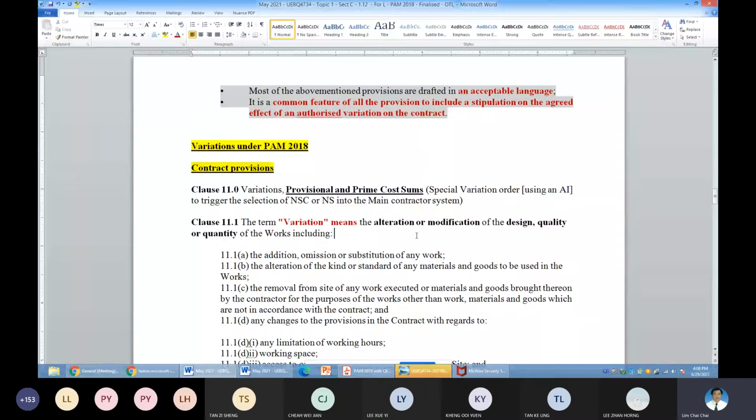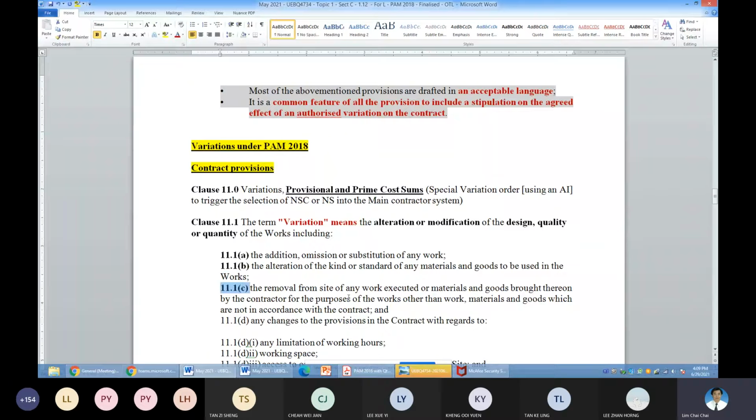This is a detailed one. You are asked to code under which category this variation is located, I mean, the clause that supports the architect to issue the instruction. So the architect may code 11.1a if it is an addition or omission of any work, or 11.1b for the alteration, and 11.1c is for the removal of works that are not in accordance with the contract.